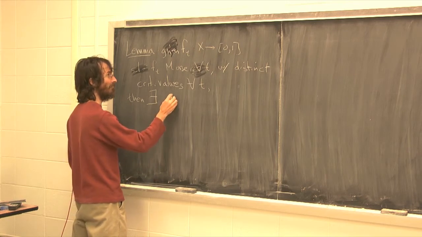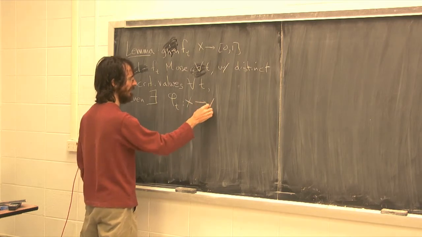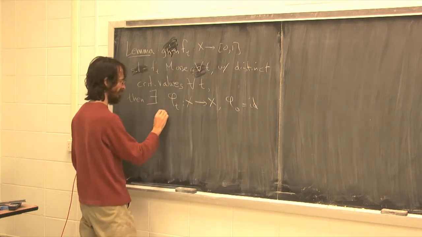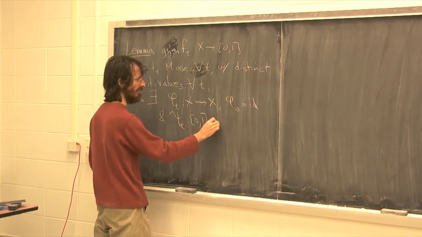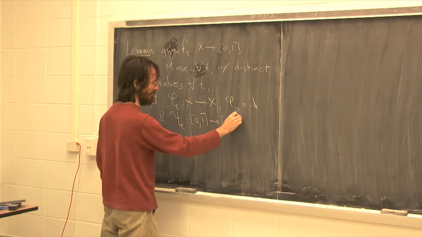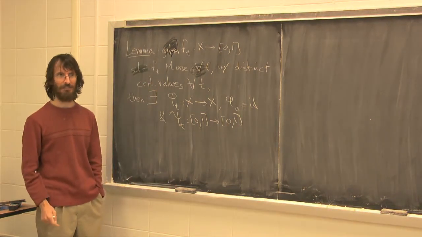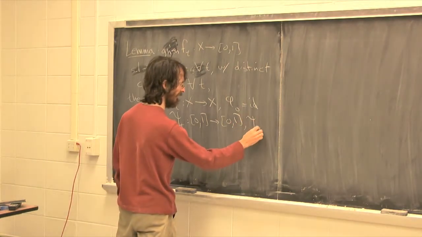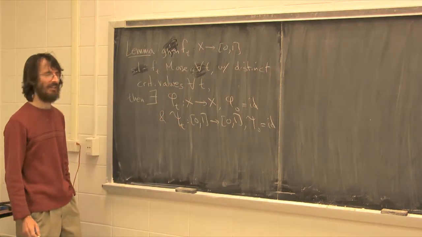So I'm going to have a phi_t from X to itself, with phi_0 equal to the identity, and c_t from [0,1] to itself. Anytime I have a manifold with boundary and a diffeomorphism, I'm assuming it's sending the boundary back to itself. So these are what I would call ambient isotopies in the domain and range. Okay?